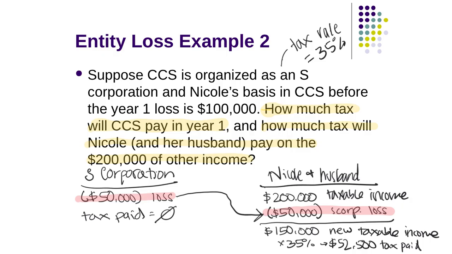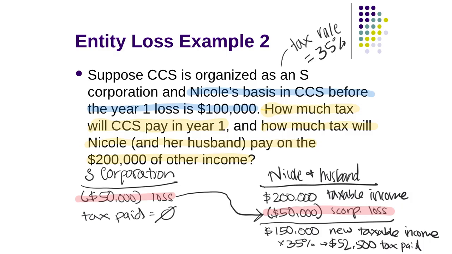Now, it doesn't specifically ask about it in here, but something to think about is in the fact pattern, they mention that Nicole's basis before the loss is $100,000.